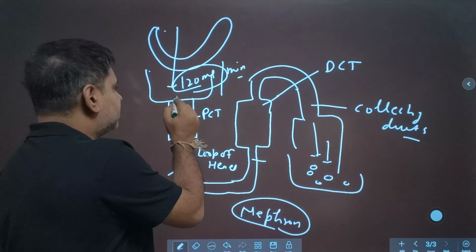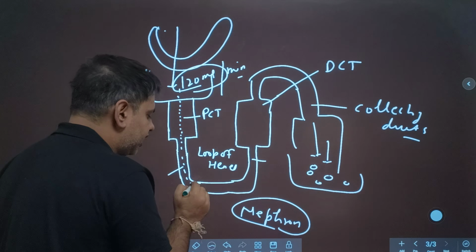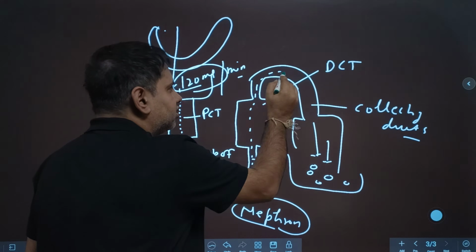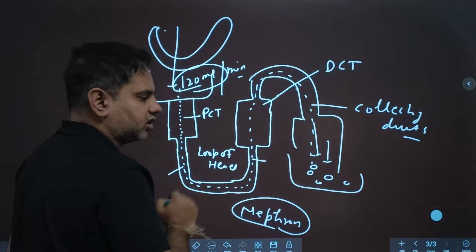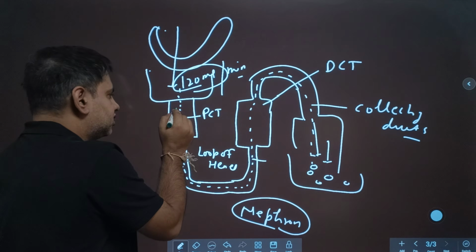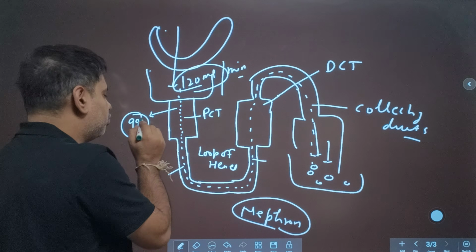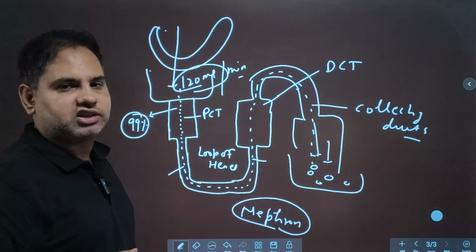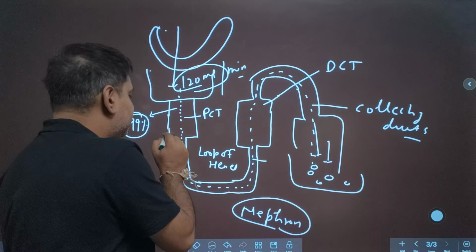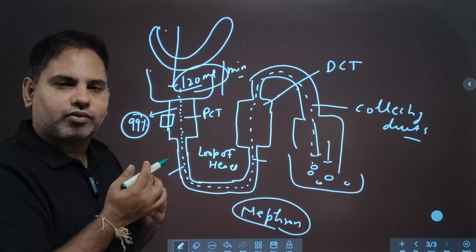So when the filtrate is moving through these parts, through the channels, finally you get the urine, right? 99.9% is going to be reabsorbed back to the systemic circulation. In the proximal convoluted tubule, some channels reabsorb ions and water molecules.